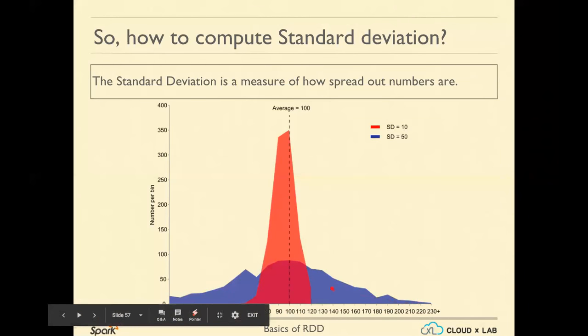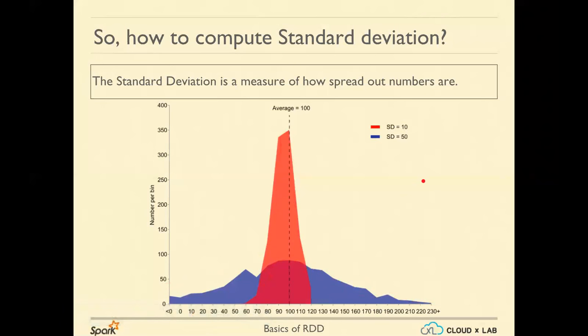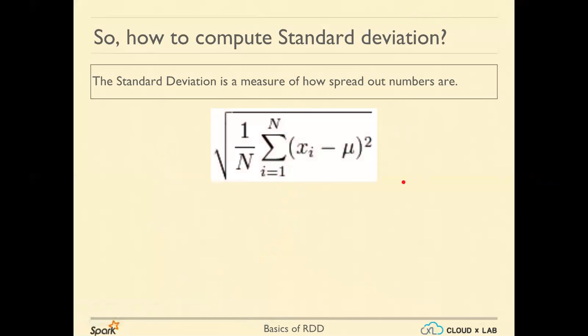Now, the standard deviation in this case is going to be small, while the standard deviation in this case is going to be high. So standard deviation is a measure of how spread out your marks are, your numbers are. The way we compute it is using this kind of formula.